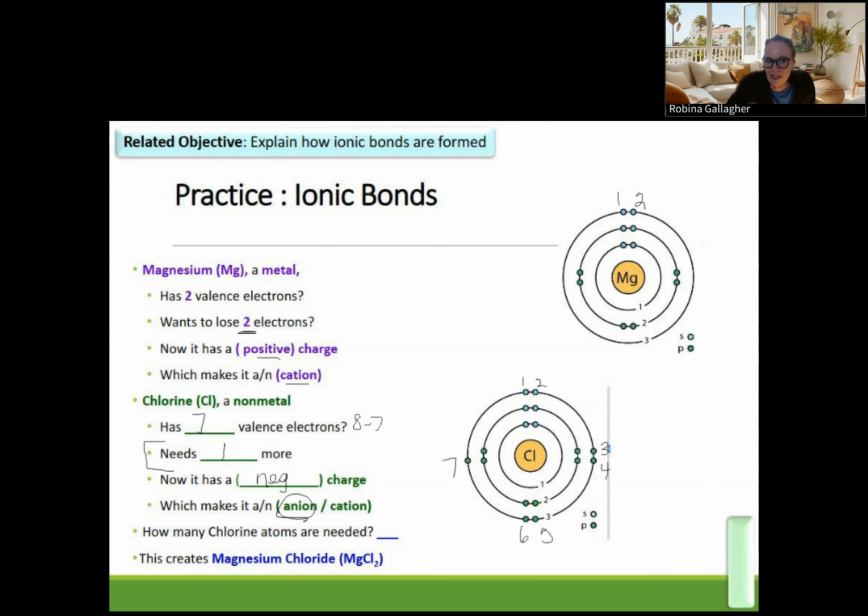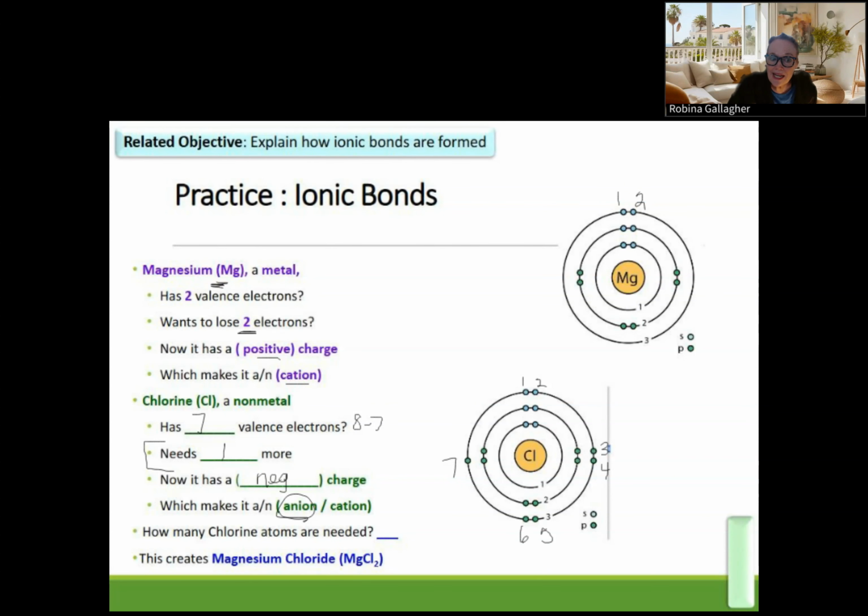Now, obviously, magnesium has 2 that it wants to give away, right? So chlorine can only take 1 of these electrons, okay?